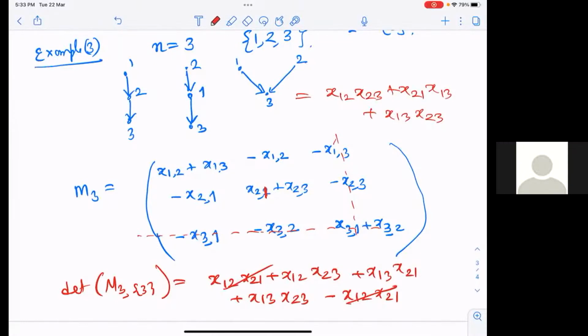Oh, we got something wrong, right? Where did it go wrong? x12 x21, x12 x23 minus x13 x21, x13 x23. Somewhere I made a mistake. x12 x23, this term is there. x13, why did I write it?